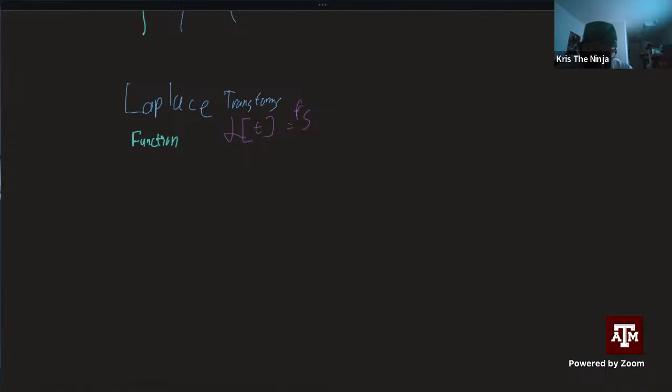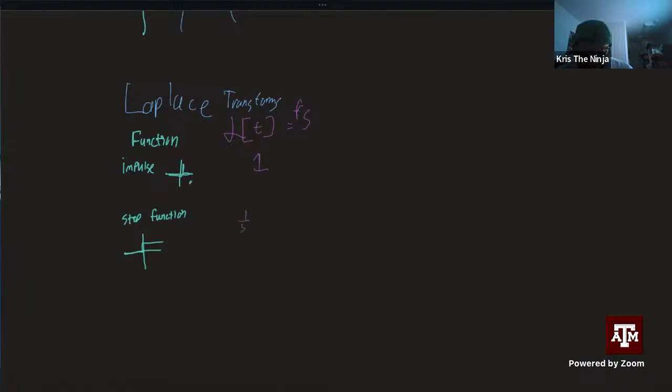So if you have an impulse function, that's a function where you're going through time and then boop, and that's it. The Laplace transform of that is just one. If you have a step function, which looks like this, then your Laplace transform of that is 1 over s.